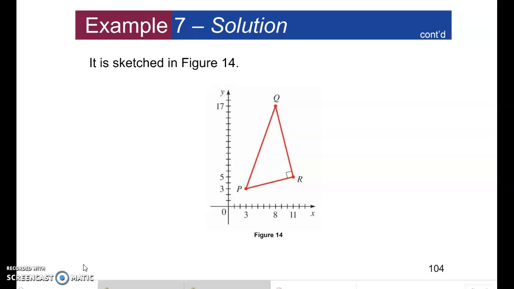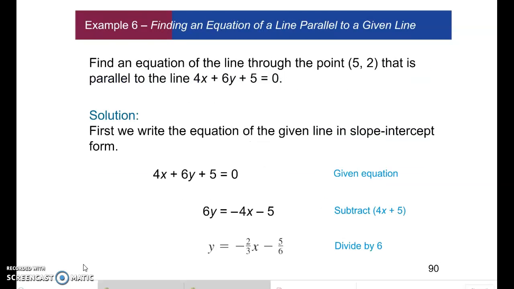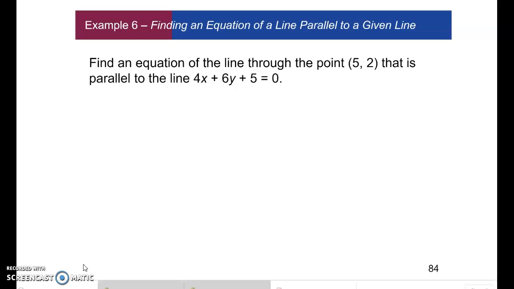Now, if you're asked to determine the equation of a line that is perpendicular to one given, say for instance this example said find the equation of the line that is perpendicular to the given line.